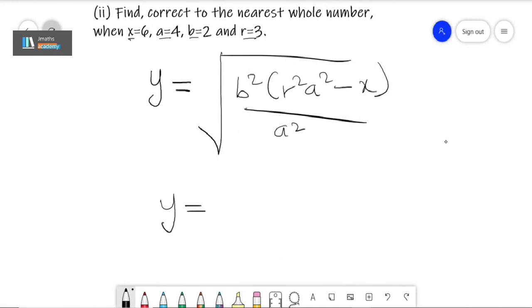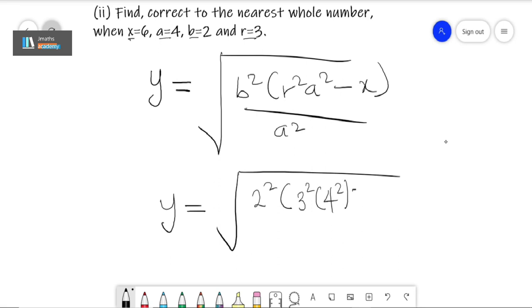So we have here y to be equal to, the value for b is 2, so we have here 2 squared, open bracket, r is 3 squared, a is equal to 4 squared, minus our x is 6, over our a is 4 squared.